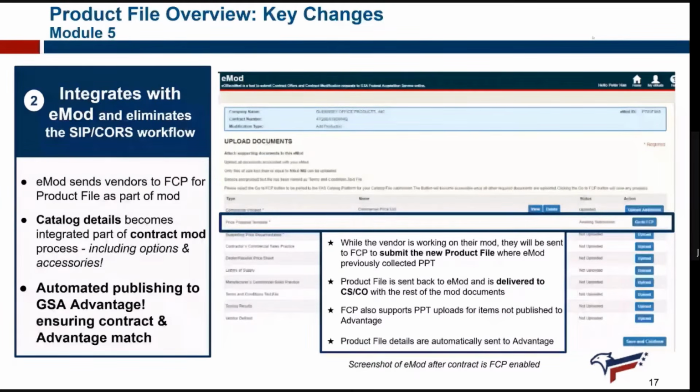Once submitted, the product file is returned to eMod and delivered to the CSCO with the rest of the modification documents. So there is an automated publishing for GSA Advantage. After the CSCO has approved, FCP will automatically send that product file to GSA Advantage, ensuring that the contracted prices and the products match what is listed on Advantage. Okay.